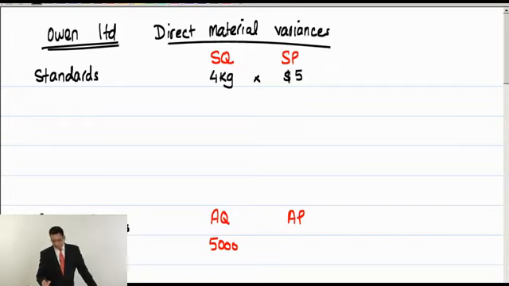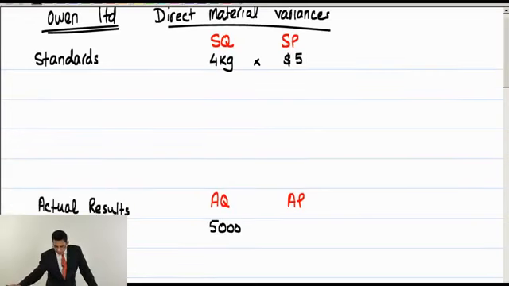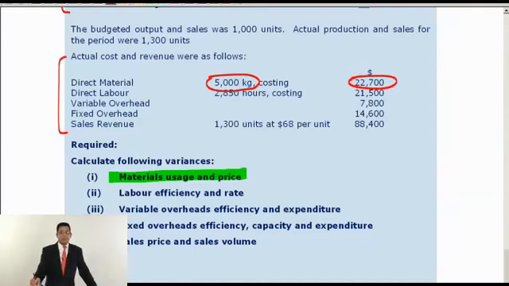And actual price was not given. Instead of actual price, actual cost was given, which was $22,700. But can we not work backwards to find out the actual price?